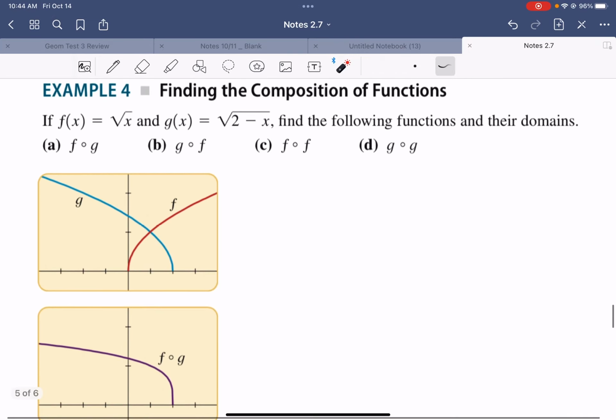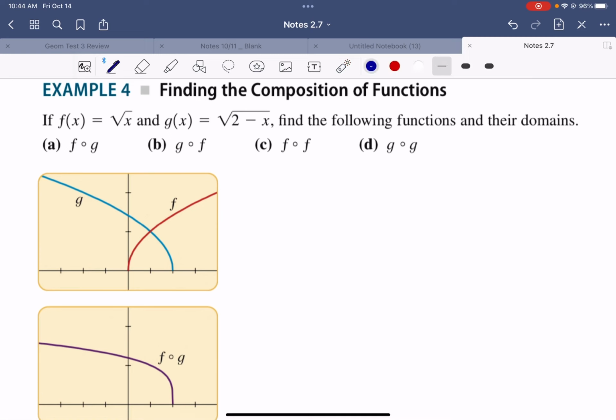Okay, so let's see if we can find the composition of functions. Here I've got two functions. I've got f is square root of x, and g is square root of 2 minus x. It says find that and their domains. So first, if I do f of g of x, remember, you work from the inside out.